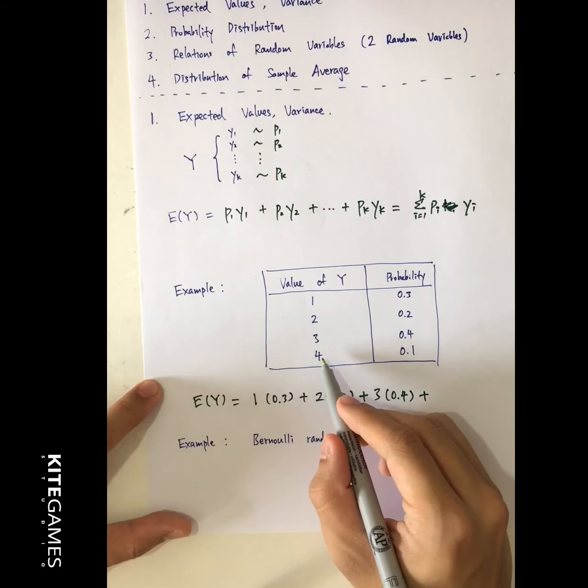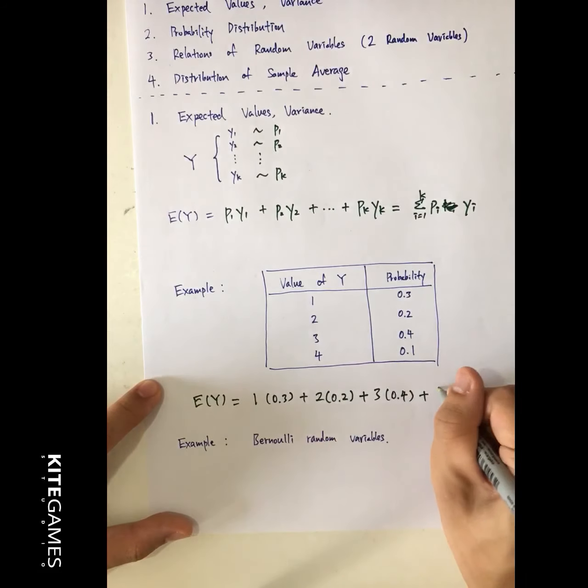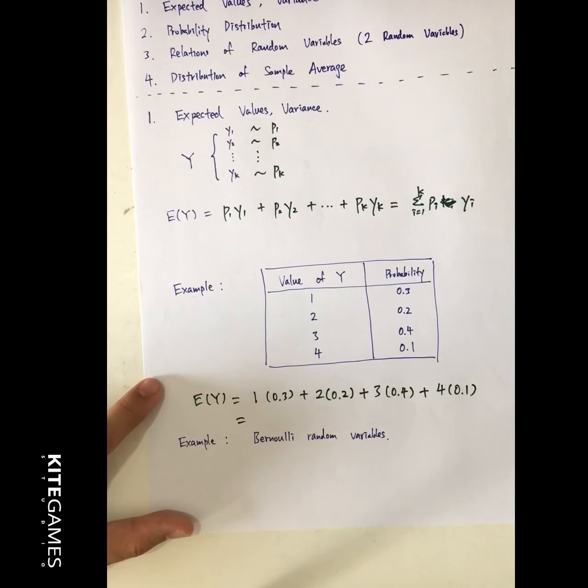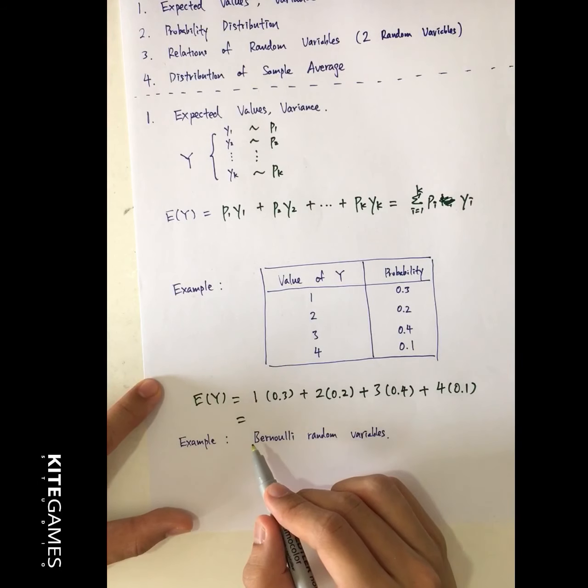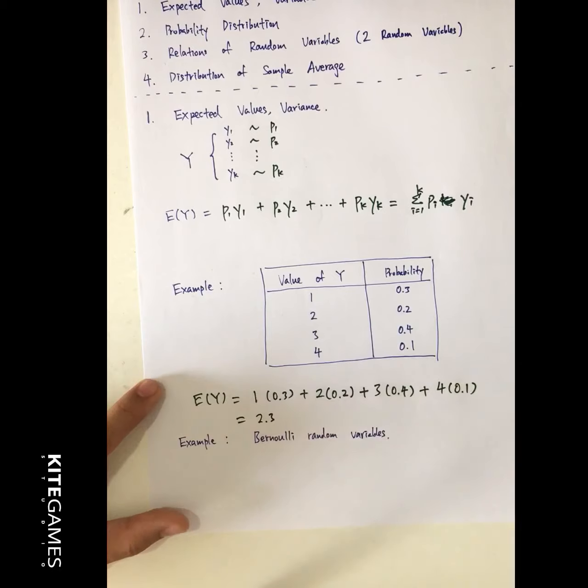Finally, plus 4 times the probability 0.1. At the end, you will get that the expected value of y is equal to 2.3.